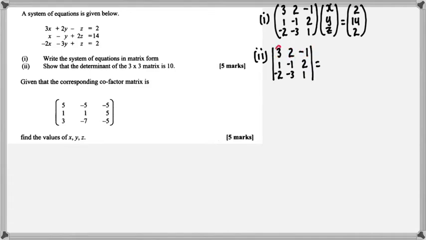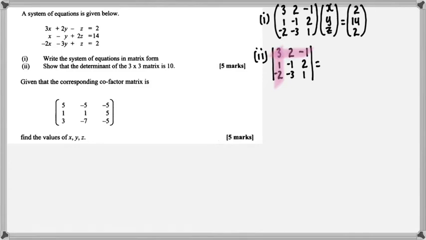We want to take the element and multiply it by the smaller matrix that will be formed when we cover up the row and column that the element is found in. So you're taking the 3 and multiplying it by this small 2 by 2 matrix here. So that's the cover-up method.